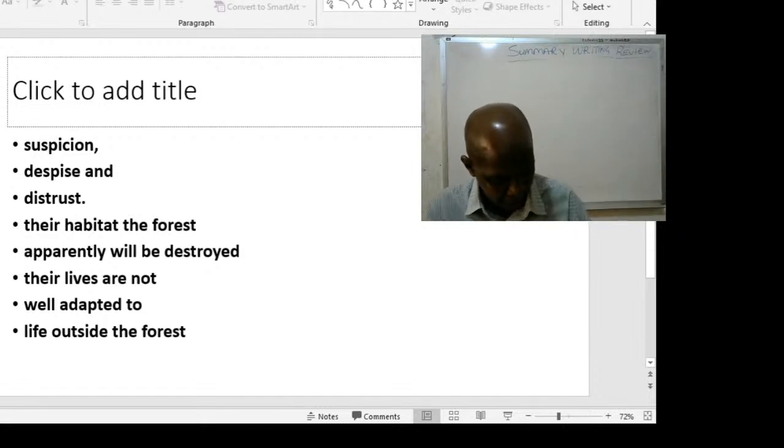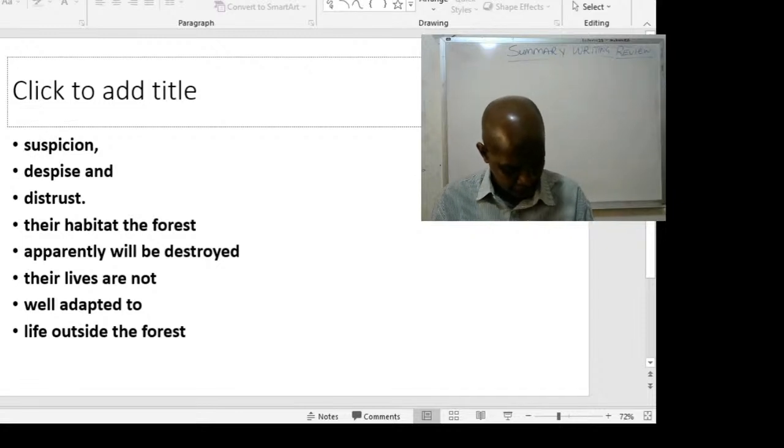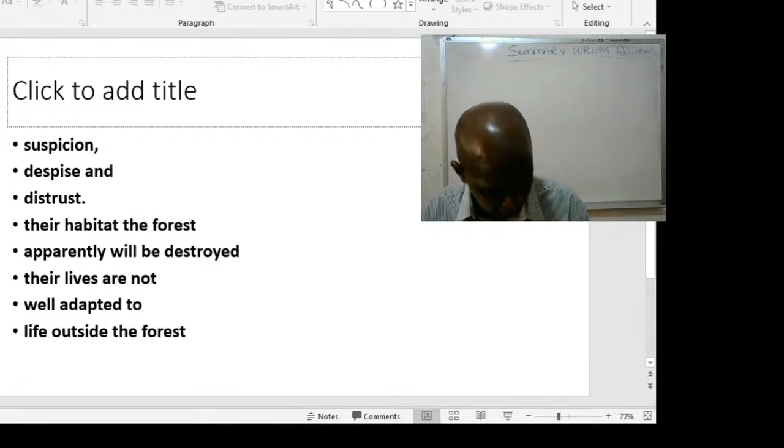They despise them. They don't trust them. That is what we call the distrust. Then I've also added the point which Turnbull mentioned and which I referred to, that the forest is not likely to survive. I said their habitat, the forest, will apparently be destroyed.